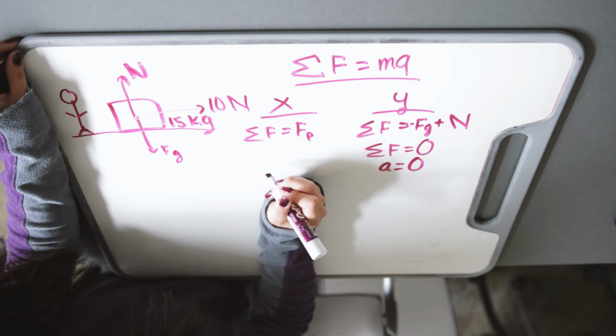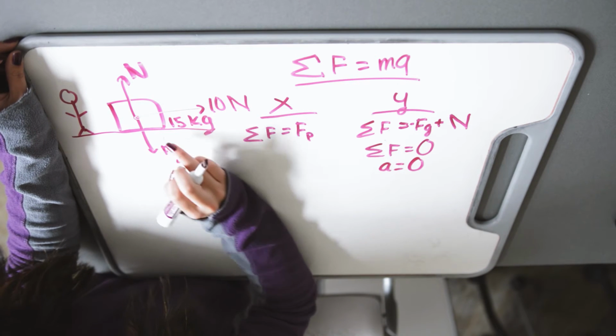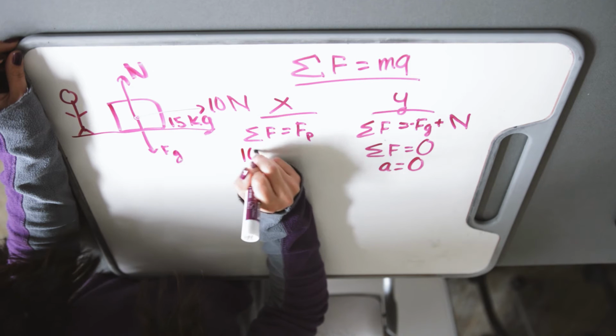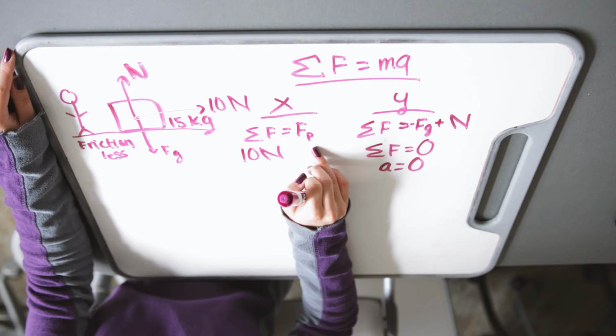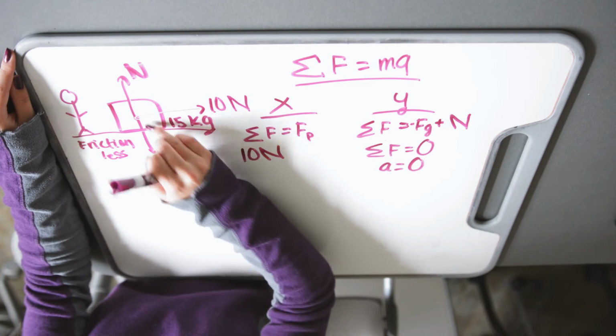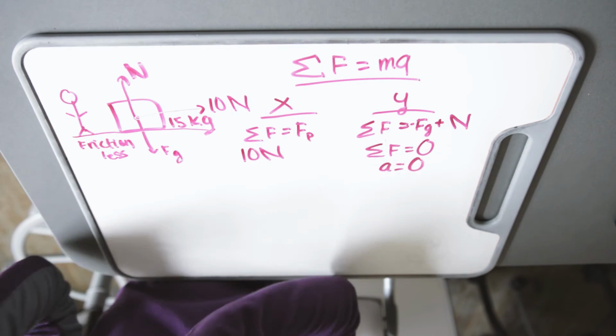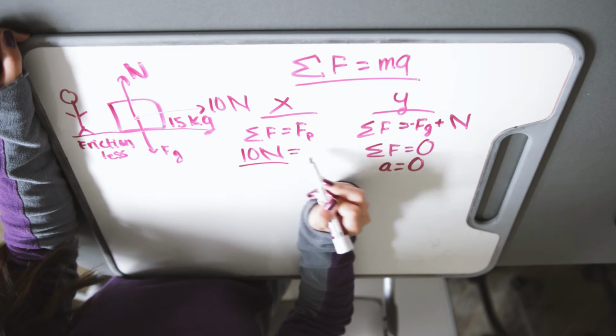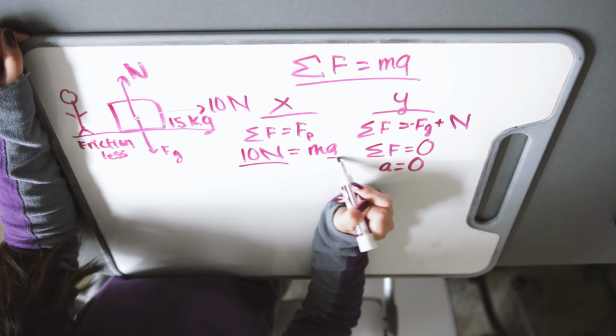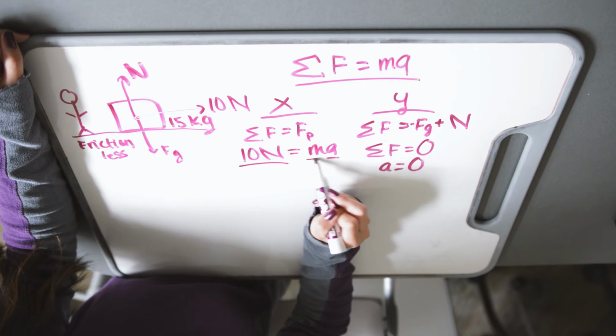However, in the x direction, there's the force of the person exerting on the box, which is 10 newtons. An important thing to note is that in the x direction, there's only the force of the person due to the ground being frictionless. Therefore, we can use this 10 newtons to find the acceleration of the box, because we know the mass.